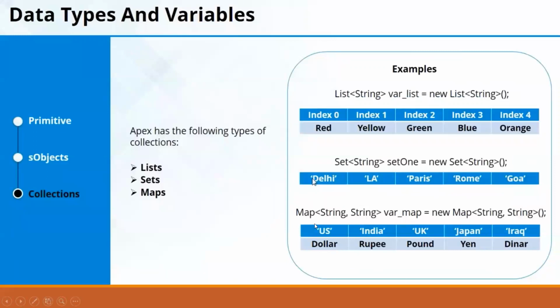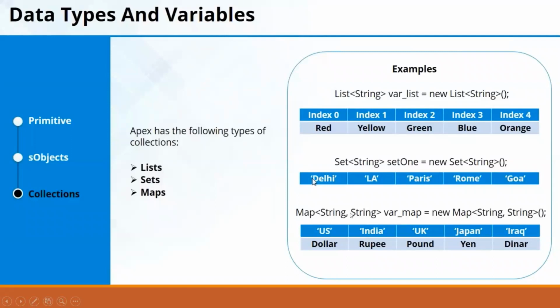Okay, now the next thing is map. What is map? Map is a key value pair. Till now we were taking only one thing in the brackets. Now we are taking two parameters. Map in brackets string comma string.